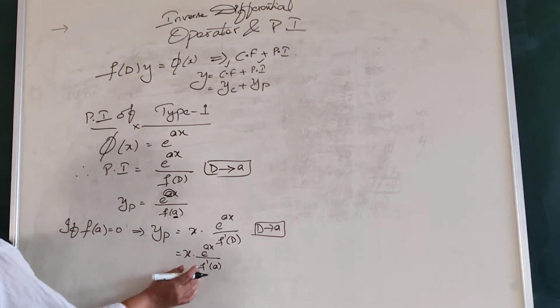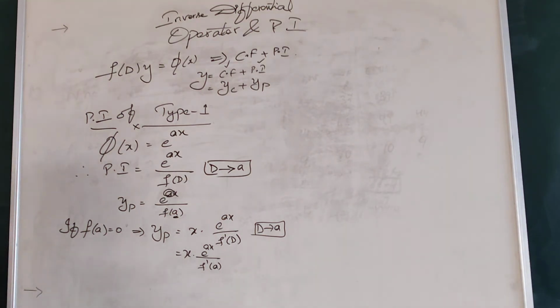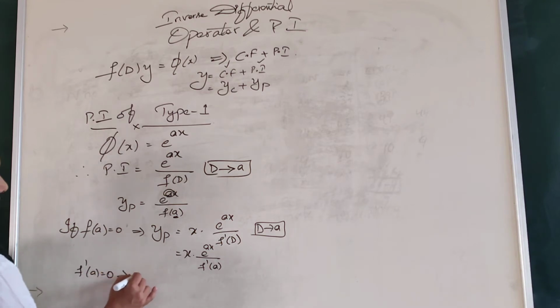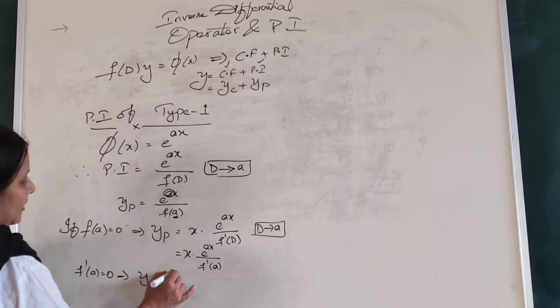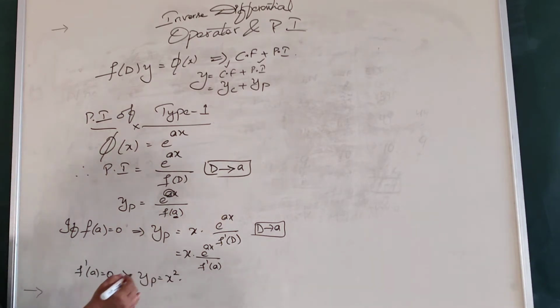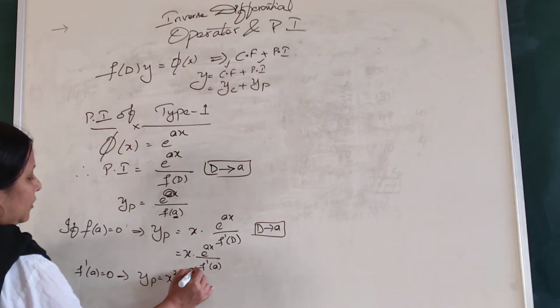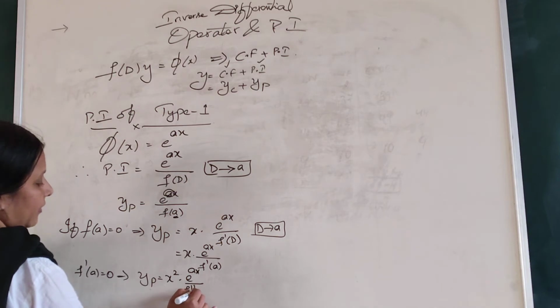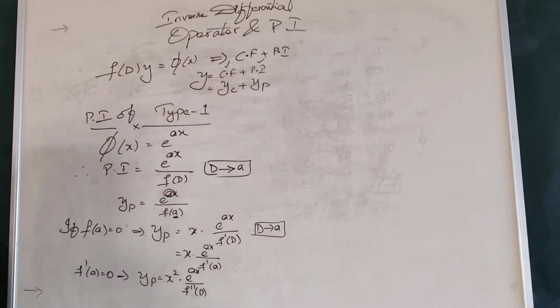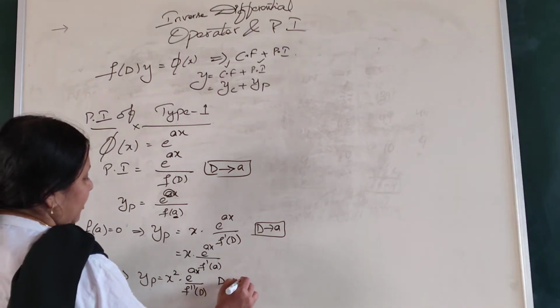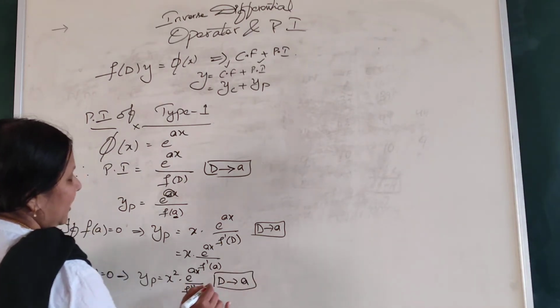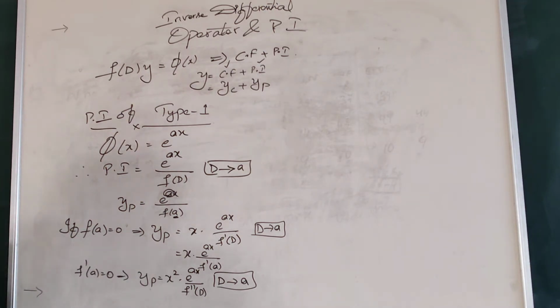Further, even after differentiating, when we substitute D is a, if you get 0, that means if f dash of a is equal to 0, then in that case you are supposed to consider the double derivative by multiplying by x again. So, you take f double dash of D, and again after finding the derivative, substitute D is equal to a.